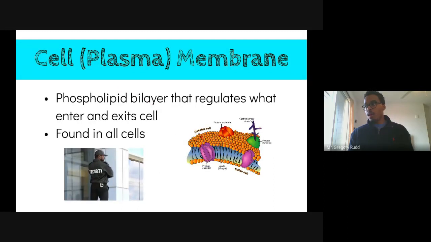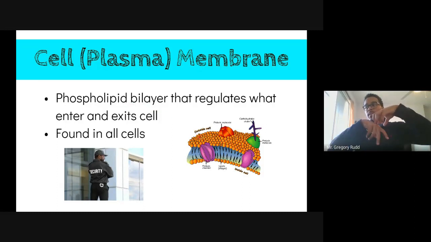So these orange balls are the phosphate heads of the phospholipid, and then you can see these V-shaped structures. I'm not sure why they're shaped like V's in this image, but those are the tails that we've talked about, the lipid tails.